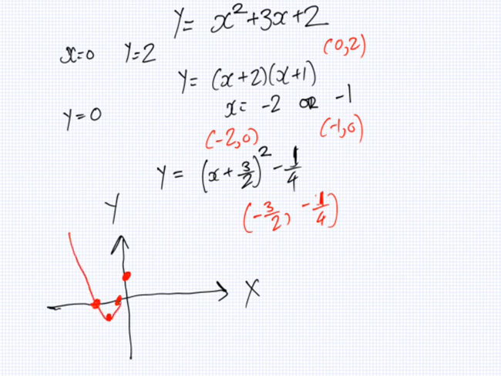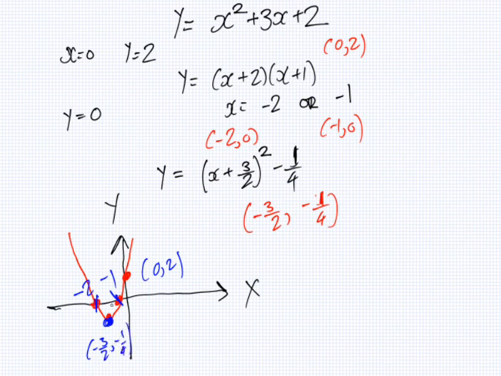Now you can actually see that this has no roots. The part I'm going to write in red, you don't need to write down. So watch what happens if I try to find when y equals 0.